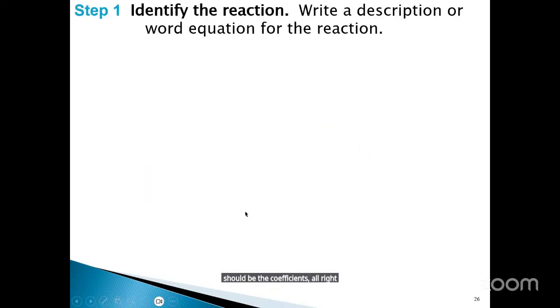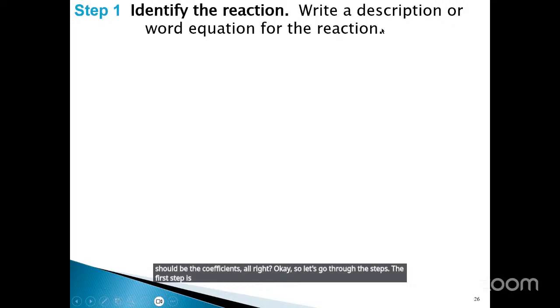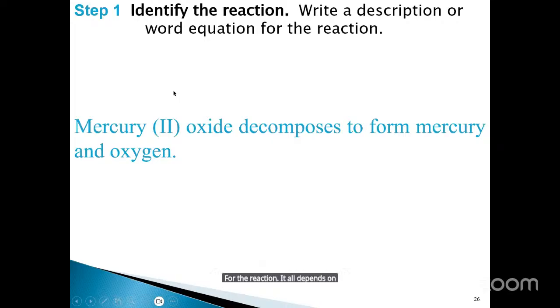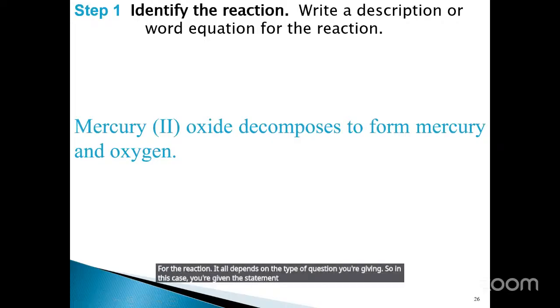Okay, so let's go through the steps. The first step is identify the reaction. Now, you may or may not find this necessary to do, but it says here to write a description or word equation for the reaction. It all depends on the type of question you're given. So in this case, you're given the statement: mercury 2 oxide decomposes to form mercury and oxygen.